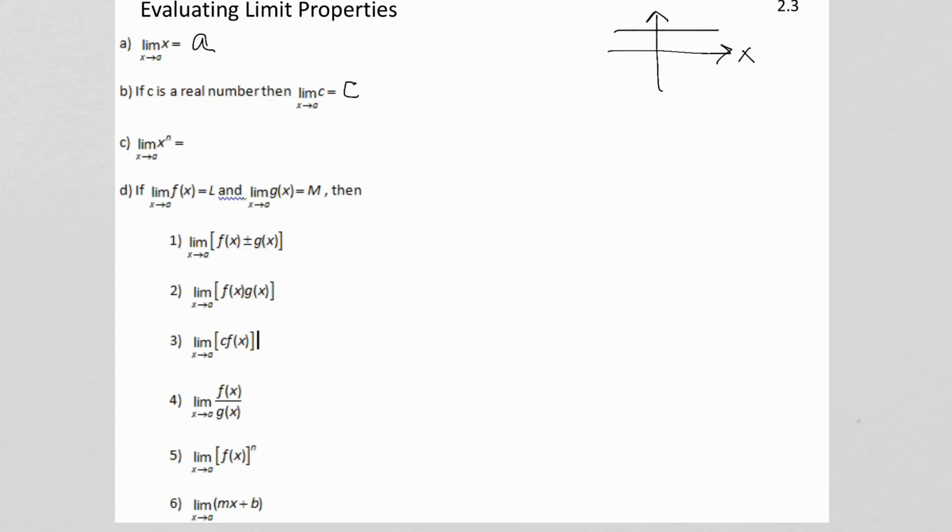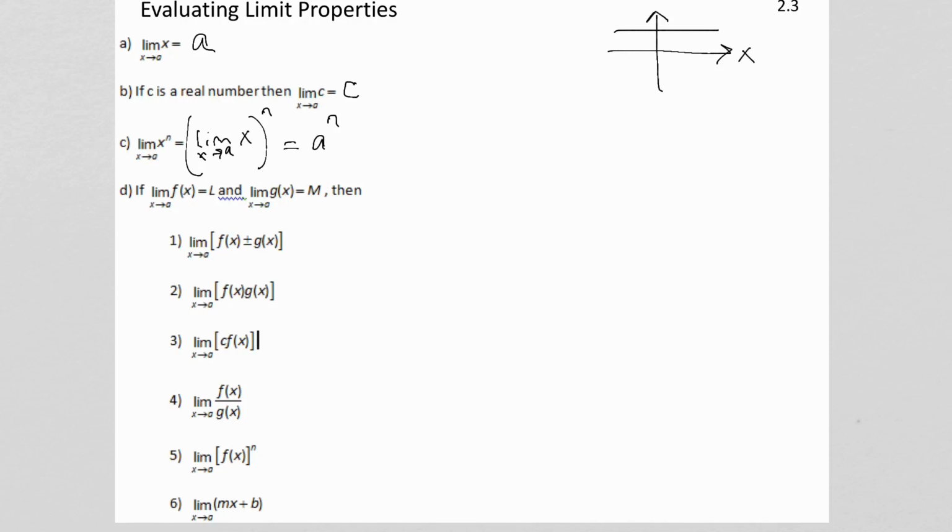Okay, next we're looking at limit x approaches a of x to the n. That's the same as limit x approaches a of x raised to the power n. And so that's the same as a to the n.